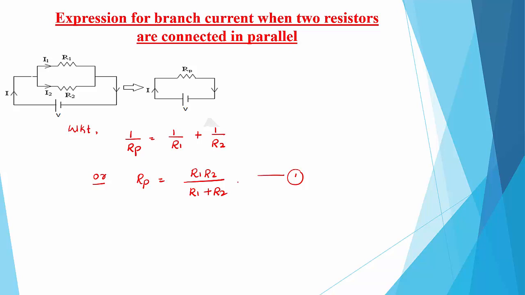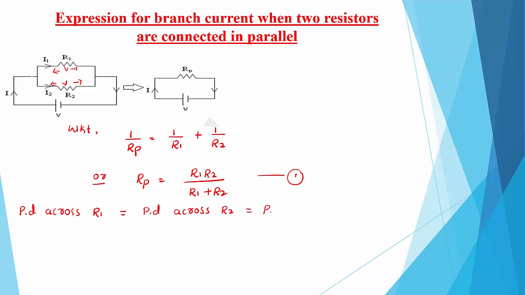Now, what is the potential difference across each resistor? We know that the potential difference across each resistor is the same. So I can write that the potential difference across resistor R1 is equal to the potential difference across resistor R2, because the potential difference is the same across each resistor.